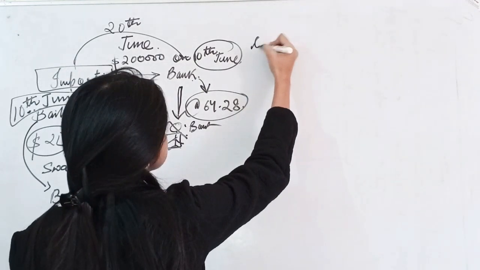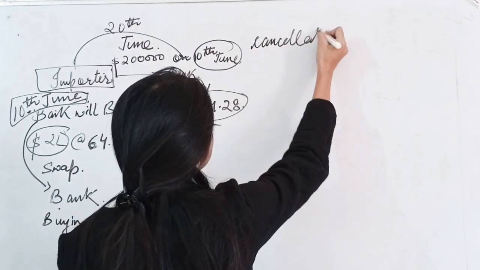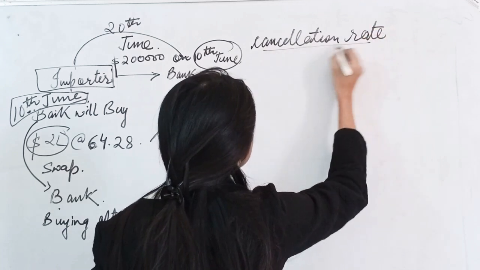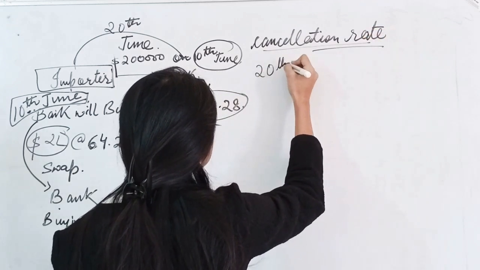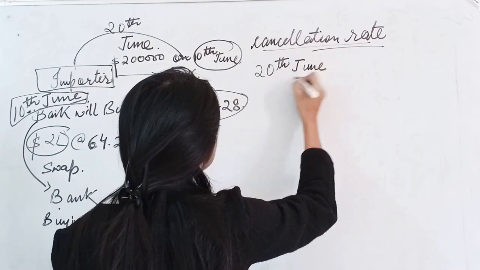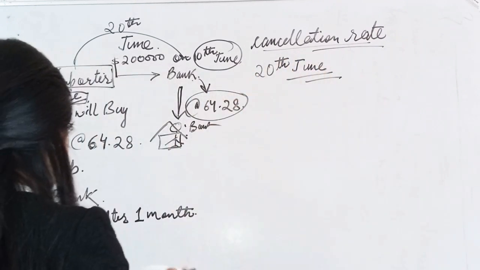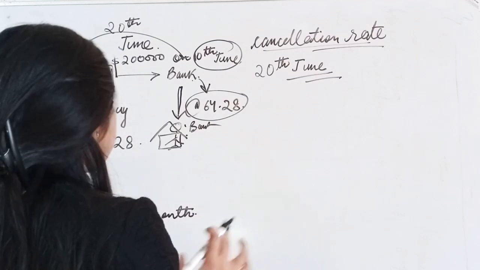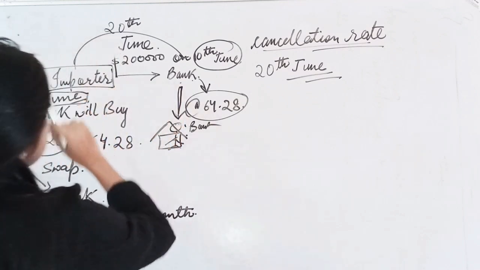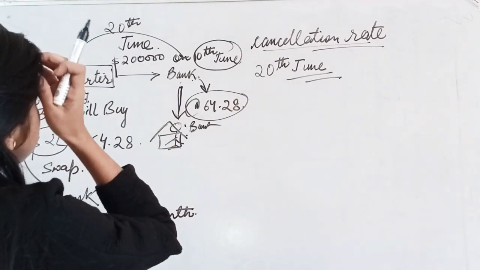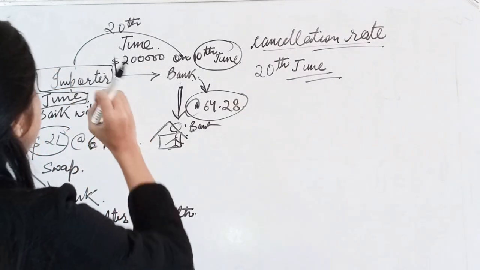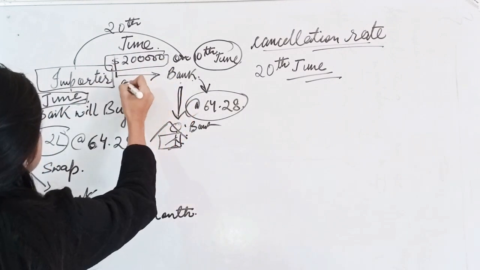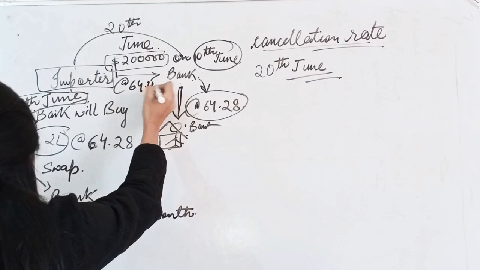Fine. So what will happen on the cancellation rate? On 20th June, when the importer comes to the bank and asks for an extension with a new due date of 10th of August, the bank will say to the importer, no, see, we had first contracted that you will purchase $2 lakh from me at the rate given, 64.40.